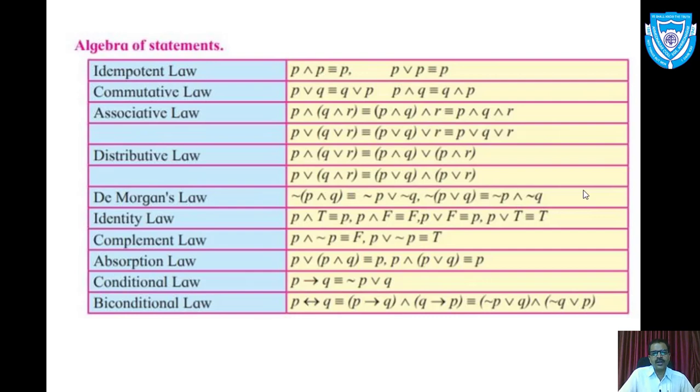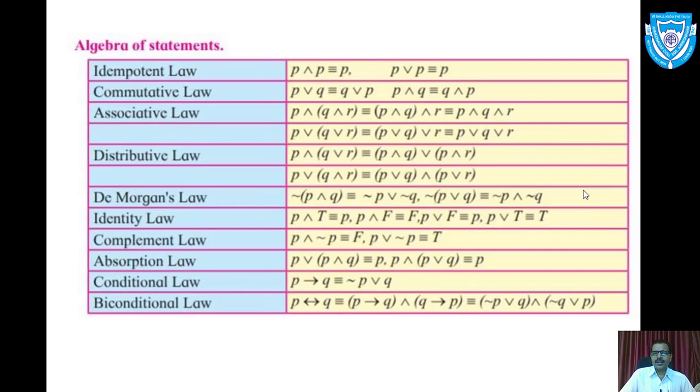The first associative law: (P and Q) and R is equivalent to P and (Q and R), which is equivalent to P and Q and R. Meaning that if you want to take the conjunction of three simple statements, you can take the conjunction of P, Q first, then take the conjunction of the resulting statement with simple statement R. Or you can take the conjunction of Q and R first and then the conjunction of P with the resulting statement.